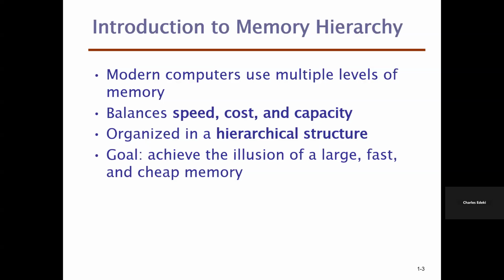So it will be the speed, cost, and capacity. The goal again is to provide the illusion of a large, fast, and inexpensive memory system, which most of the time is impossible. I mean, getting a very large, fast, and inexpensive, not costly memory. That's the main goal.